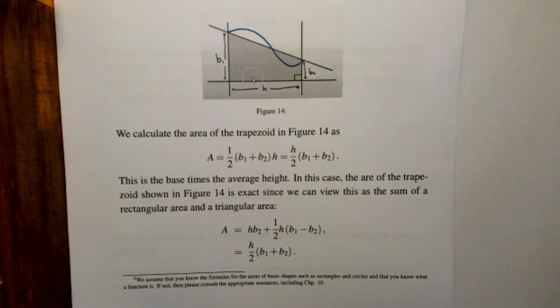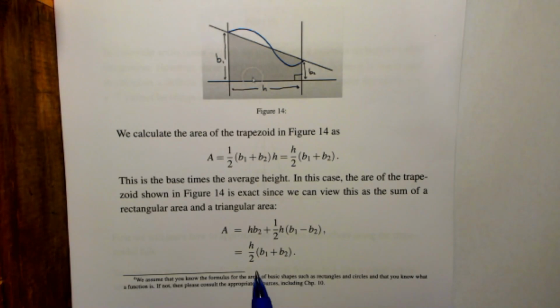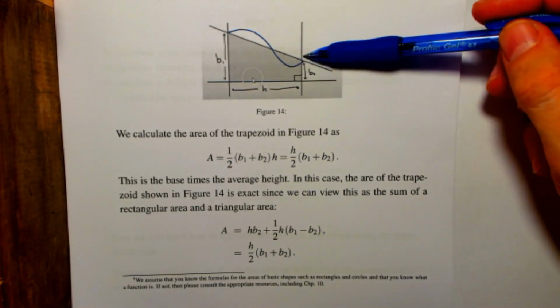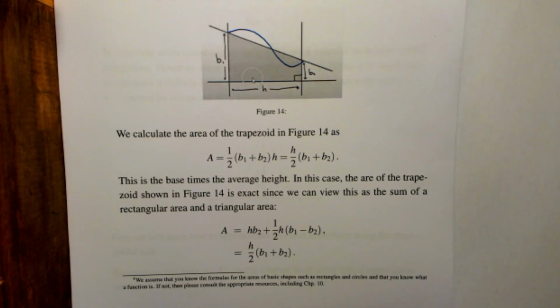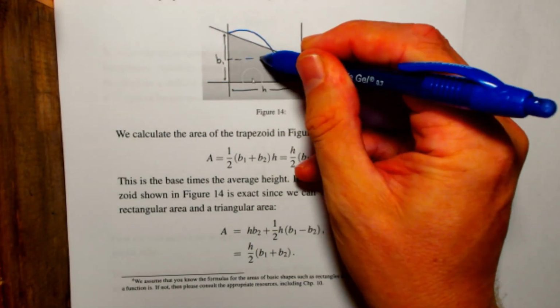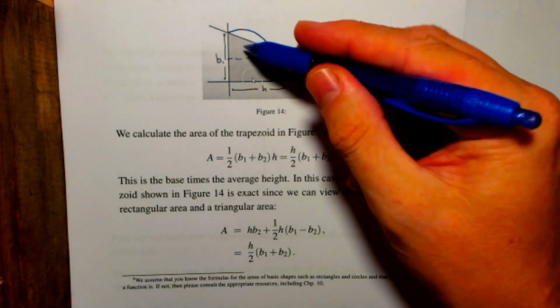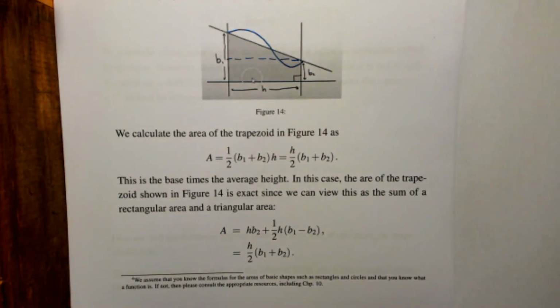Now this little calculation at the bottom shows us that this area is actually equal to h on 2 times (b1 plus b2), where b1 is the height of this. So we have A is equal to h times b2, which is the area of this rectangle, and then the second part is the area of that triangle, which is a half the height times the base.